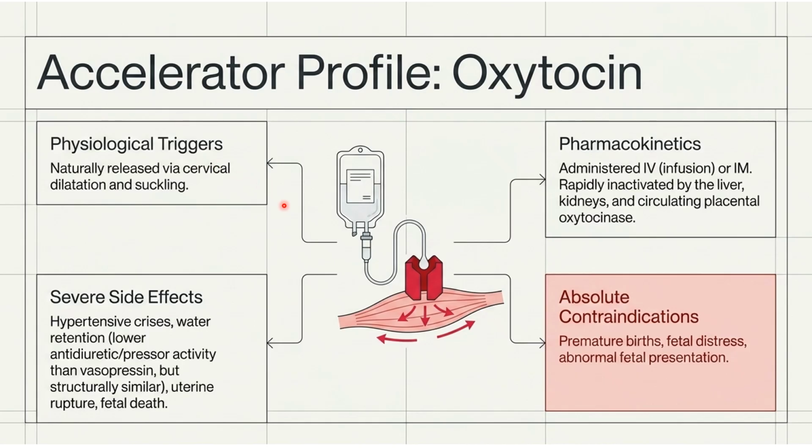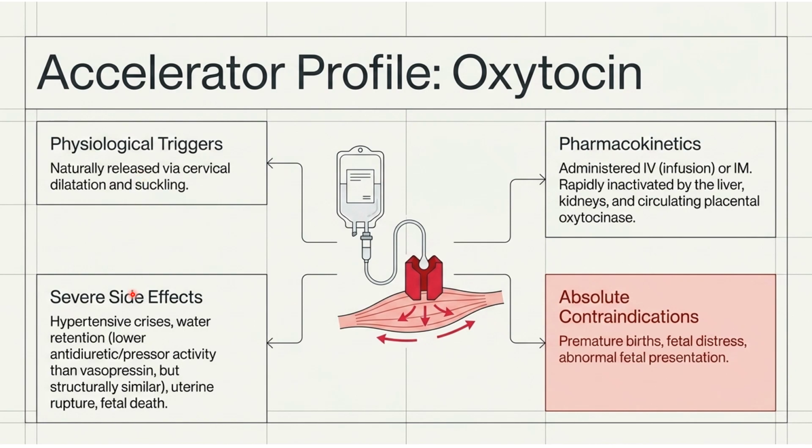As we said, oxytocin is usually administered by intravenous infusion, but it can also be given intramuscularly. It is rapidly inactivated by the liver, kidney, and circulating placental oxytocinase enzyme. Now, it is naturally released by the posterior pituitary, and the natural stimulants are cervical dilatation and suckling of the female nipples by the baby.